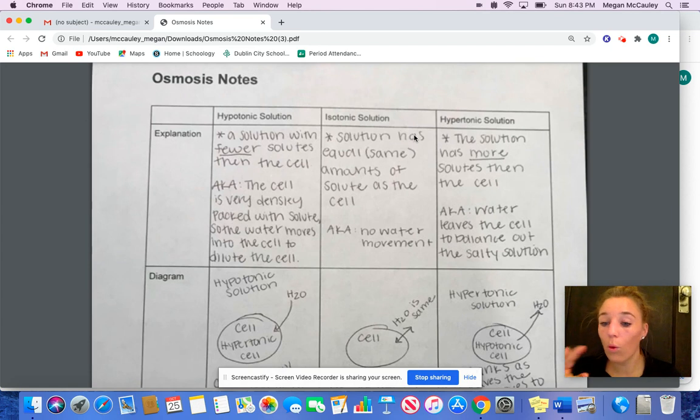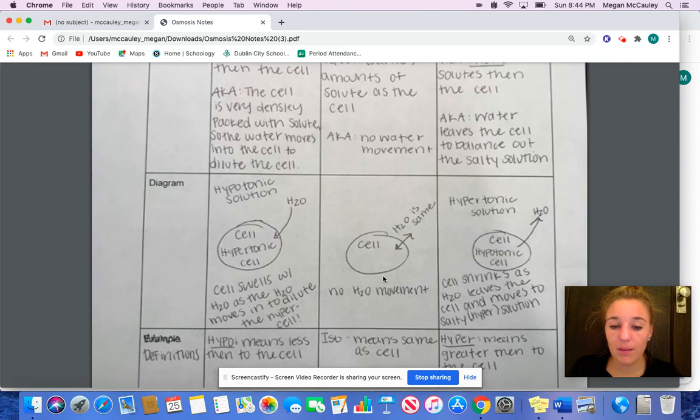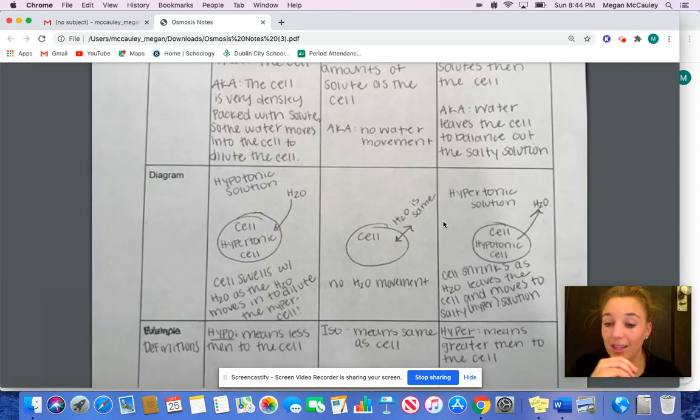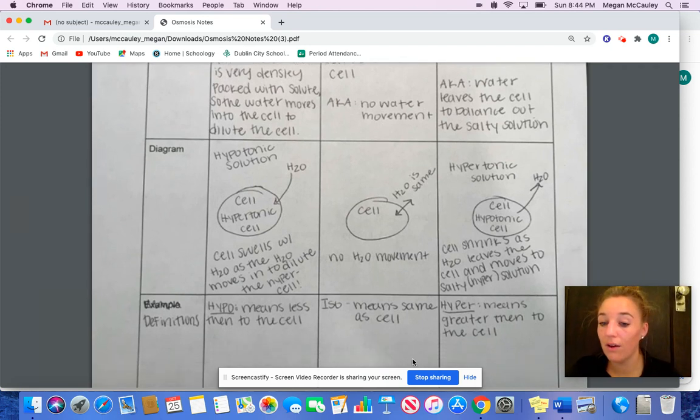Now, water is always going to be exchanging, but it's going to be exchanging in an equal ratio, so not everything is leaving or coming into the cell. The H2O is the same on the inside as it is on the outside, as well as the solute. Iso means same. So the cell and the environment are in the same solute and water ratio.